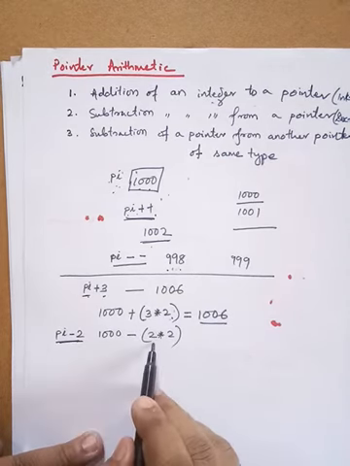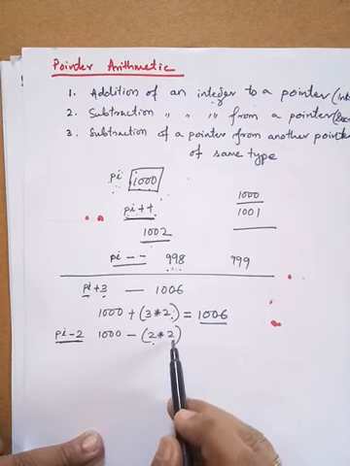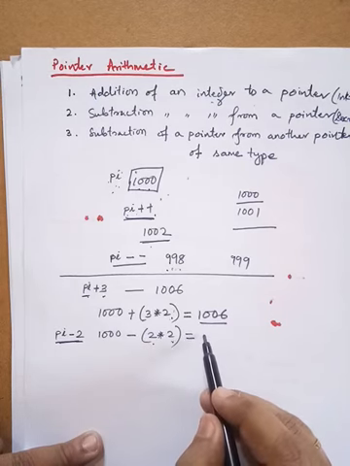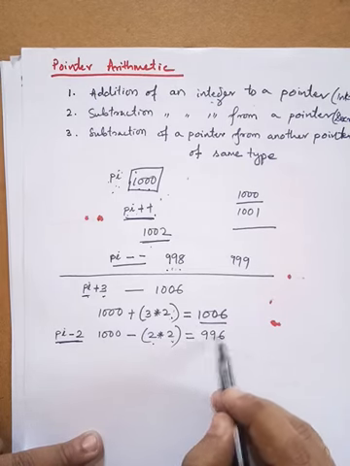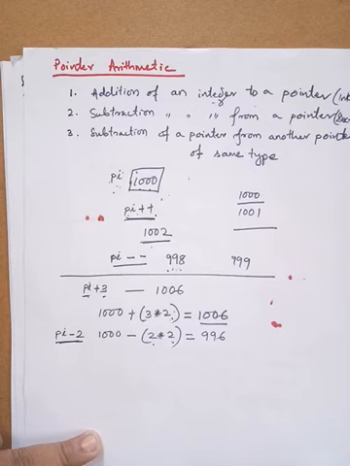The size of integer is 2, so 2 into 2 is equal to 4, so that will be 996. So these are the increment and decrement operations that can be performed on a pointer.